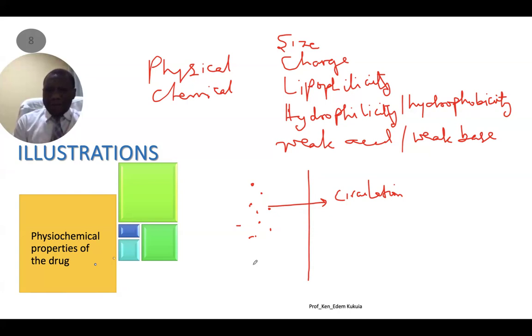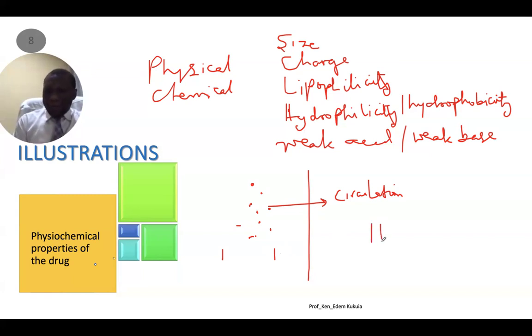And so there are size ranges that allow drug molecules to be able to easily cross membranes when they are getting absorbed. But when the size is above the range that we are saying is normal, then the drug's absorption would be impaired. So there are certain drugs that if you, for instance, give them orally, it will be difficult for them to be absorbed because their size is so huge that they cannot cross membranes.